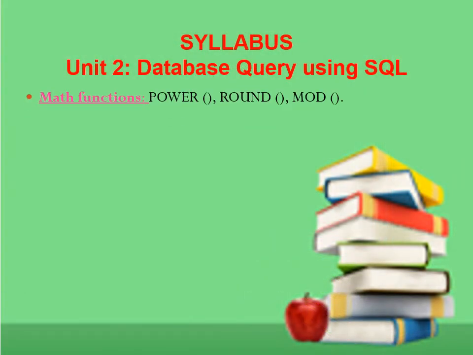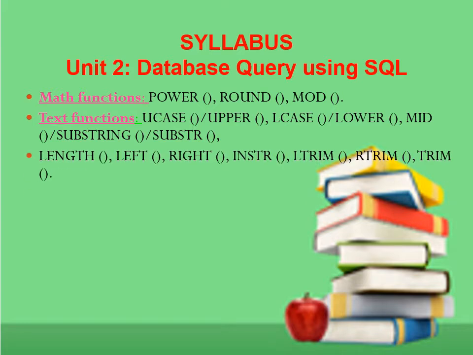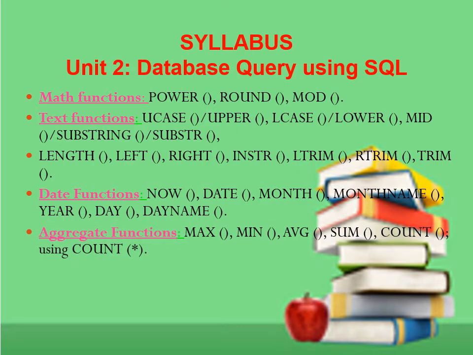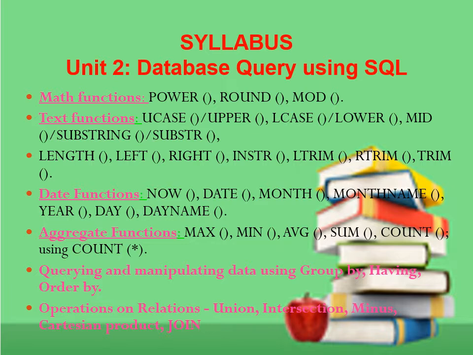So, we will discuss in this unit all types of functions like math functions, text functions, date functions, aggregate functions, and also we will discuss querying and manipulating data using group by, having, and order by. Also we will discuss operations on relation: union, intersection, minus, Cartesian product, and join.